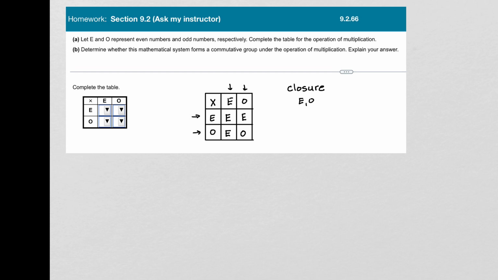So we do have closure. Next thing we look for is, is this associative? And we're going to say yes for associative. So since this is multiplication with numbers, we know that multiplication is associative. So we can confidently say that this is associative.